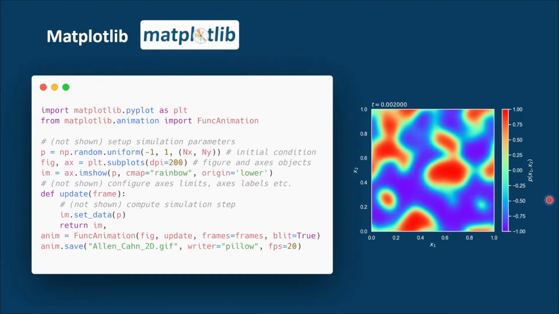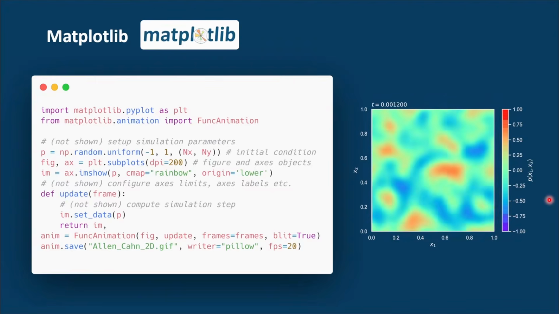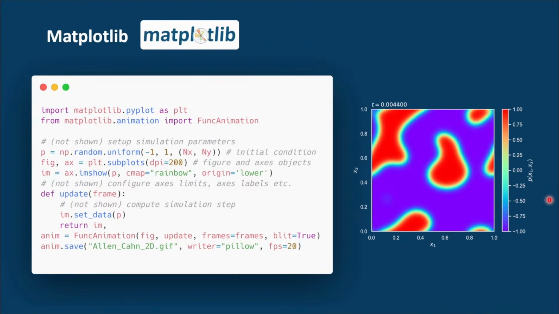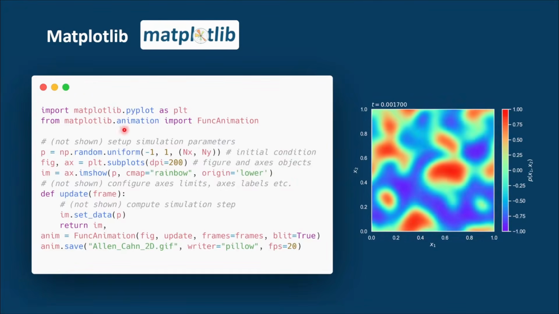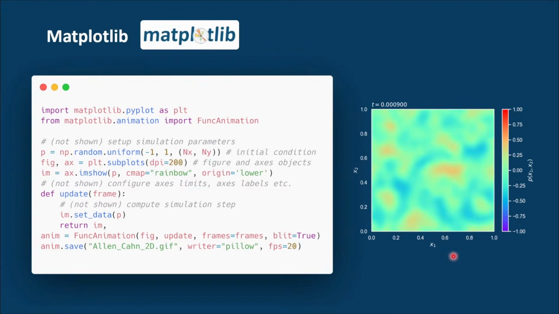So this is a very simple way, and I think it's the most beginner-friendly way to make animations, because I think most of us are familiar with how to plot things in Matplotlib, and then just making these animations is quite simple.